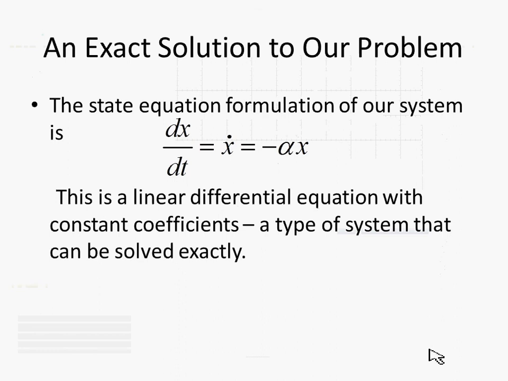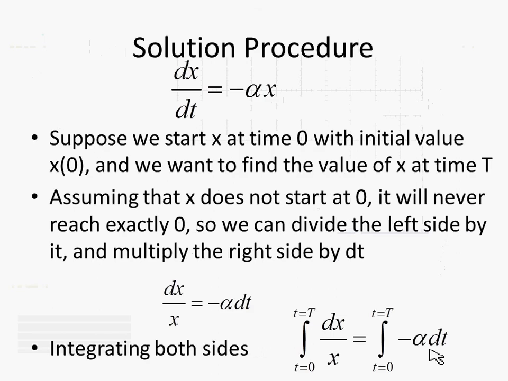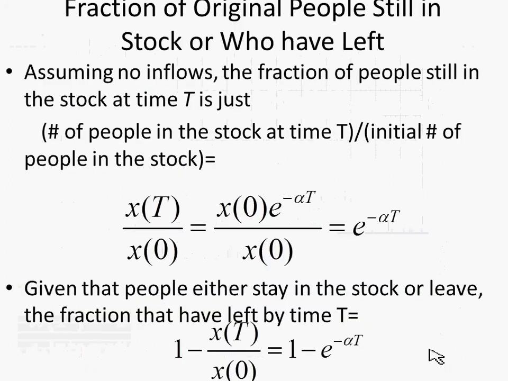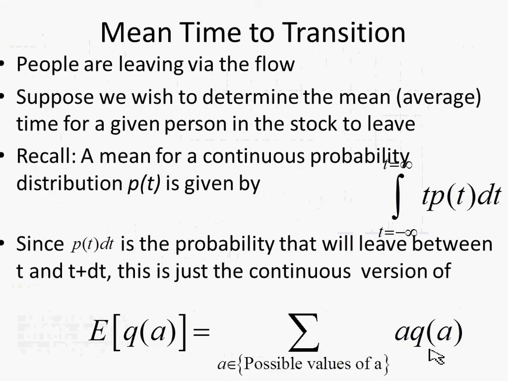So I go through a derivation to show this. It involves integration by parts, and it comes out as being 1 over alpha as the time they spend in that stock, which is equal to tau.